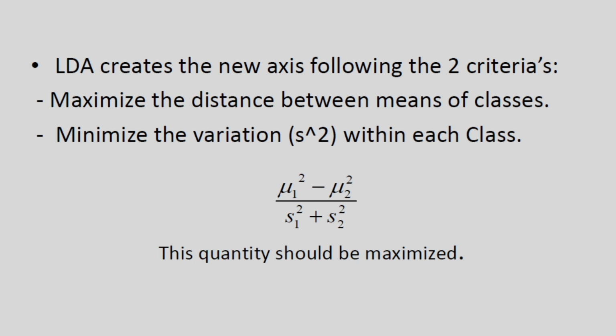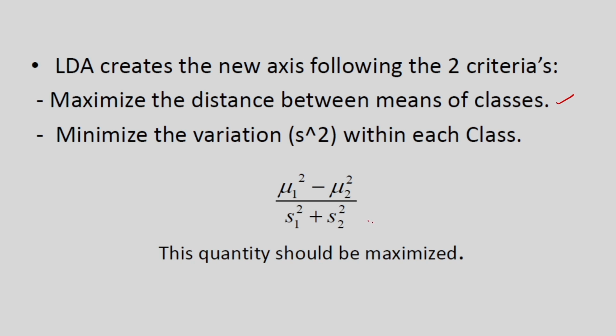One is to maximize the distance between the means of the classes. So I can consider, suppose, two classes, and I can maximize the distance between these classes. That means I can find the maximum distance between the means of the classes, and also minimize the variation within the class.